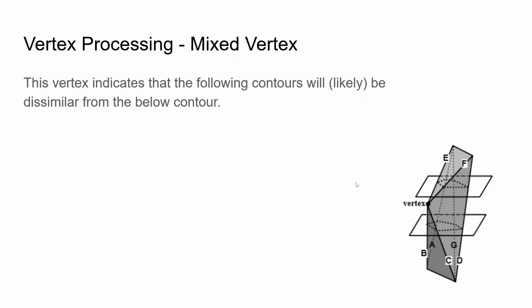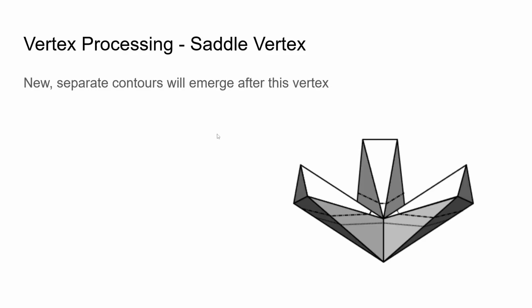There are also mixed vertices, that basically indicate that the size, or the shape rather, of the contour is going to change after this vertex, but there are still going to be contours generated above a mixed vertex, right?